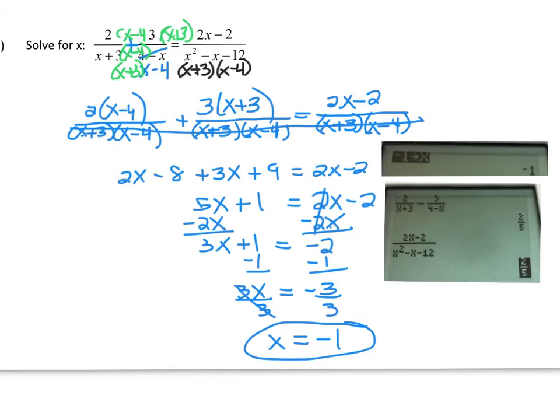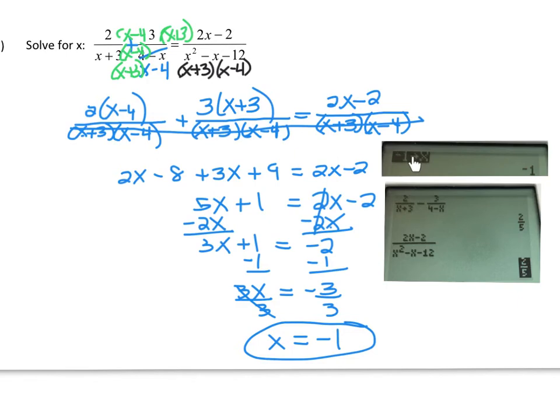In addition to checking for extraneous roots, I always think it's a good idea to check your answer and make sure it actually checks back out in the original equation. So this is what I did. I took a picture of what I did in the calculator. First, I told my calculator, every time I hit x, I want it to represent the number negative 1, because negative 1 was our answer. So I typed in negative 1, and then I hit the store button.